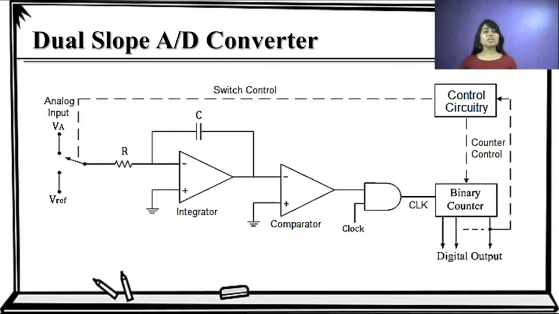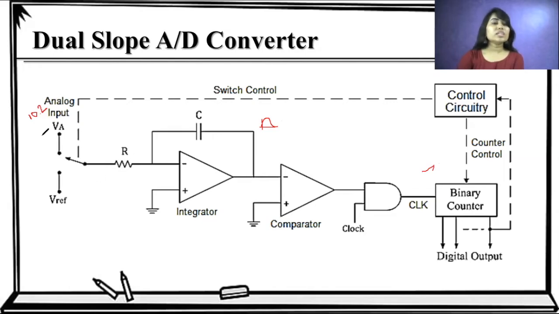For example, say we have a 10.2 input signal here. Initially the switch is connected here, then through the integrator circuit we have a ramp signal like this, with a slope, and this slope corresponds to the amount of time required by the binary counter to count from 0 to 10.